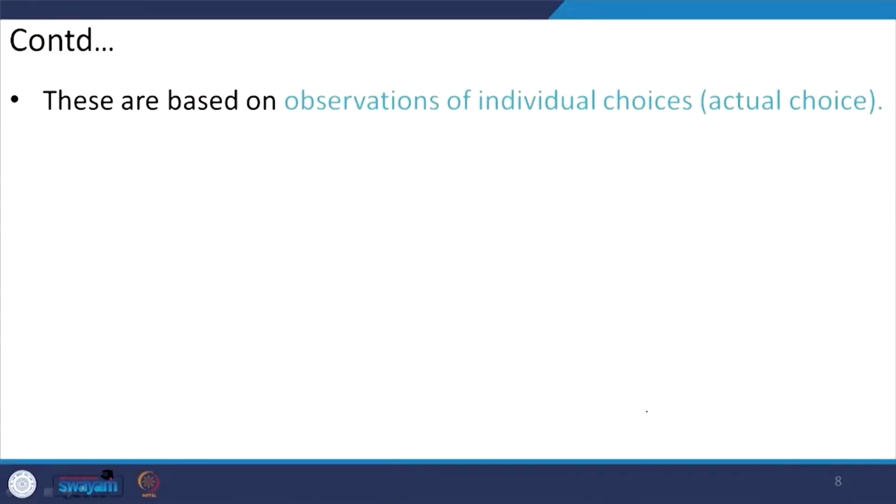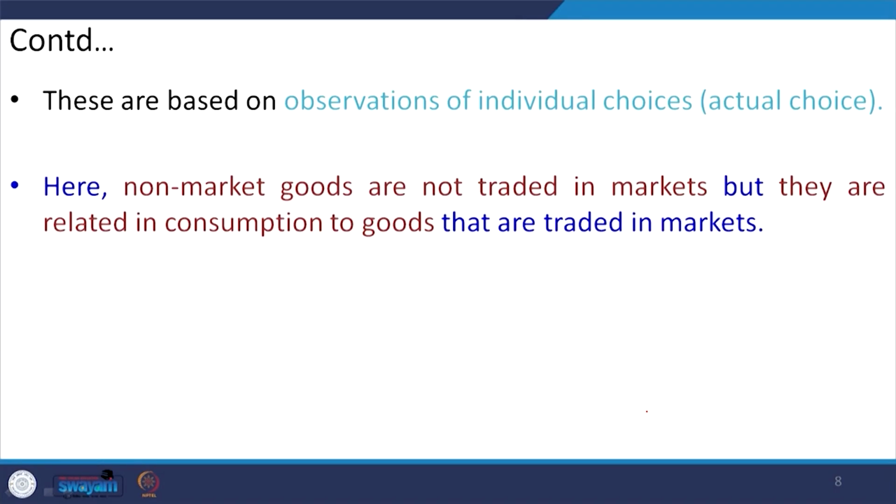So, we can say that these revealed preference methods are based on the observation of individual choices or actual choices. We will have some examples once we are done with the theoretical portions of this method. Here we just want to convey that these non-market goods are not traded in the typical market.